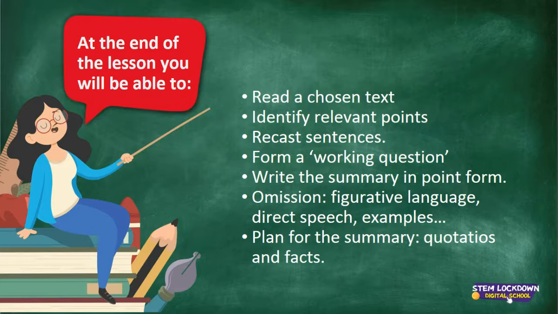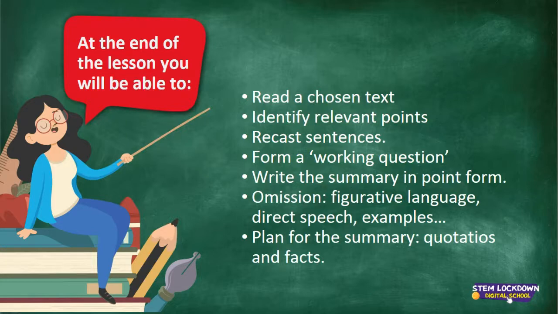Then we need to plan for the summary. And as we plan, we are going back to use our formulated working question, and we will be quoting from the text as it is. And from that quote, we are going to get the fact that will help us answer the question.